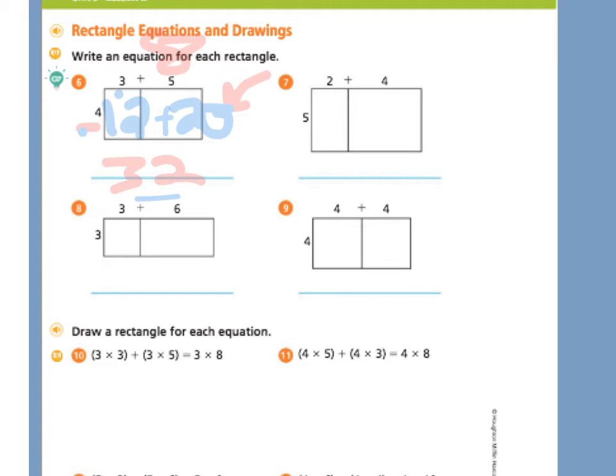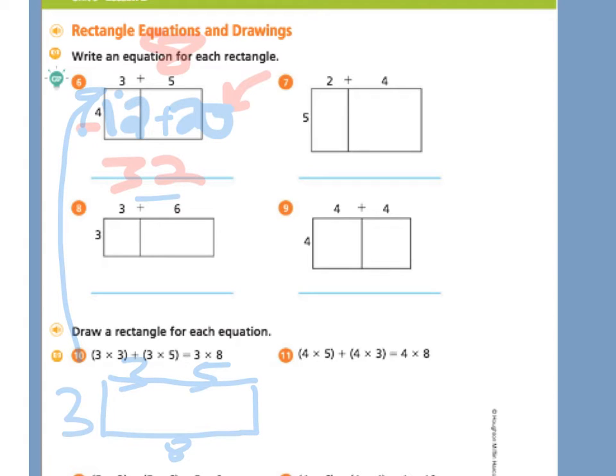Now down here, you'd have to draw the rectangle. So these get to be a little bit tricky. So if you look at what's going on here, you have a 3 by 8, which is very much like this one. So you'd have 3, and then you're dividing the 8 into a 5 and a 3. So 3 times 3 is 9, 3 times 5 is 15, 15 and 9 is 24.